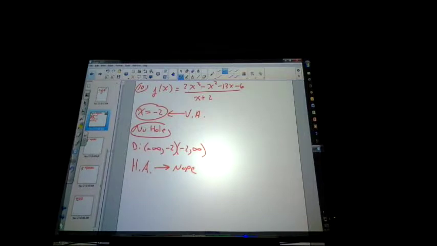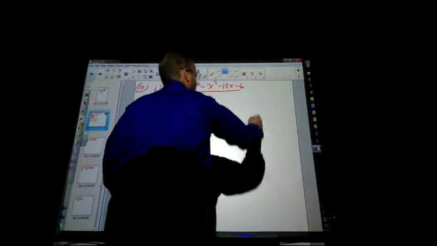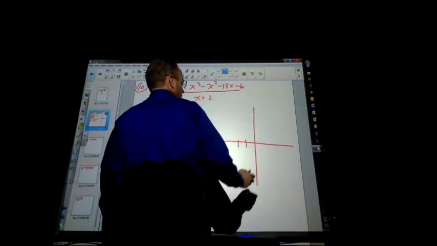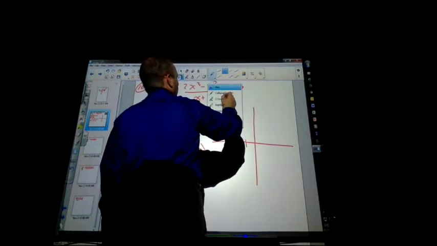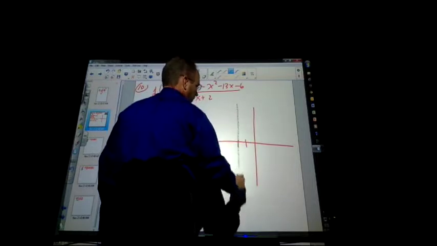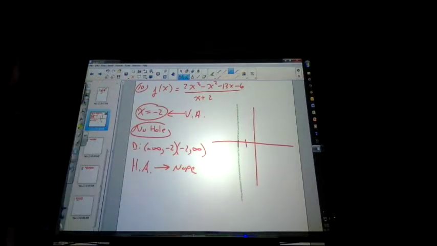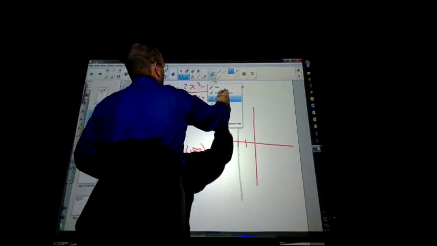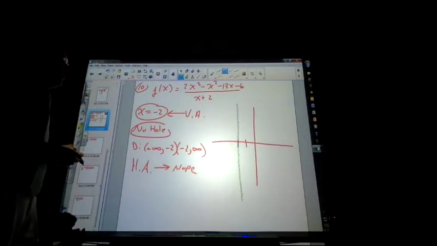Okay, I think we have enough information to get a basic sketch of this graph. I know that at -2 is going to be kind of a no man's land. So I could do a little sketch like that, saying I can't cross that. It's not necessarily part of the graph, but I can't cross that. What is this graph going to look like? Well, if I don't have a calculator, I'm not quite sure.